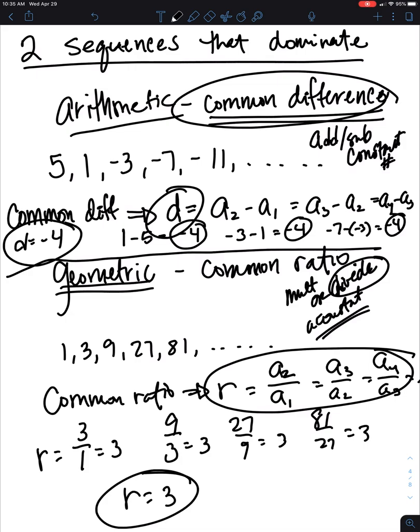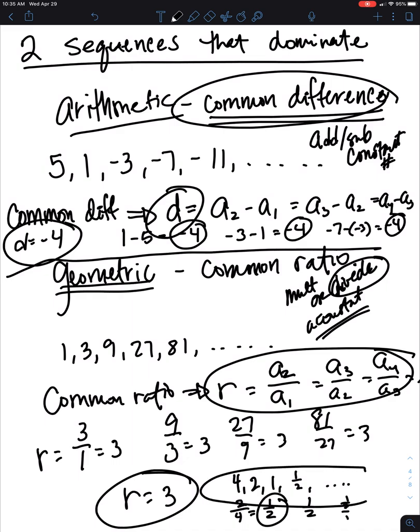Now, what I was going to say before is when you divide, I don't have an example in front of me, but let me make up one. If we do 2 over 4 to find our ratio, that would be 1/2. Or 1 over 2, or 1/2 over 1. So our common ratio is 1/2 on this sequence I just made up.